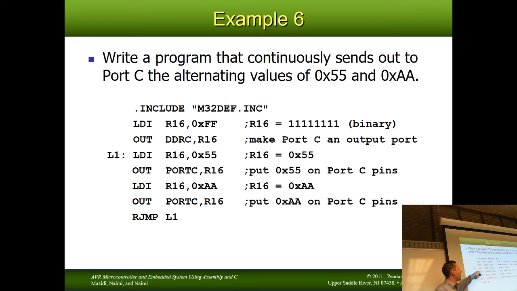We write out 55 to port C, and then we write out AA to port C. I'm glossing over each of the individual instructions that make this happen, because I'm hoping by doing that you will get used to seeing them. Outputting to an I/O register involves loading in an immediate value into a register, and then using the out instruction to put that data that's in the register into the I/O address.